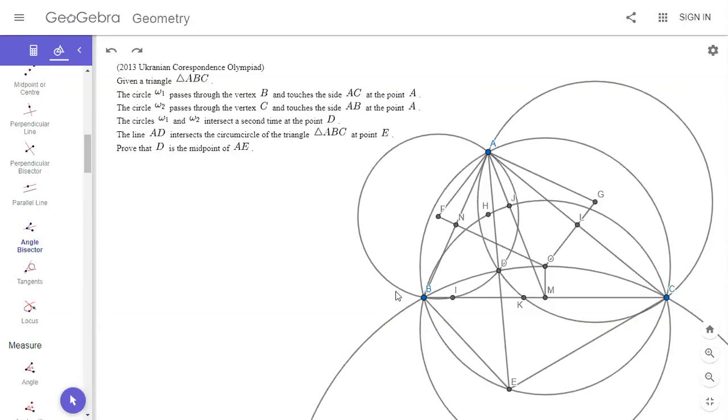And I think this NDK collinear is an angle chase. Like we can try proving that NAD is equal to AKD. NAD equal to AKD. Do you mean NKA is equal to AKD?